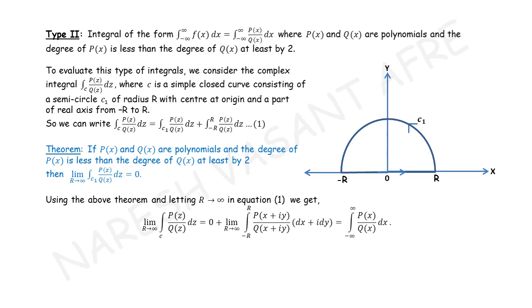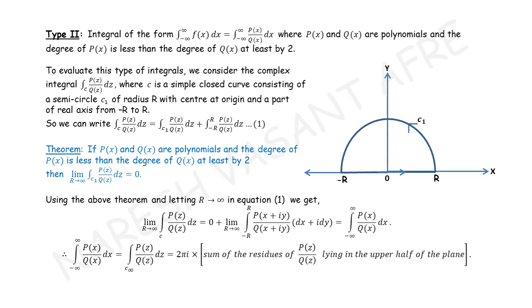So we get this integral from minus infinity to infinity p(x) by q(x) dx is equal to integral p(z) by q(z) dz over C infinity. This C infinity just denotes the limiting process of that C. But this is equal to 2 pi i into the sum of residues of p(z) by q(z) lying in the upper half of the plane. Now why is this true? This is because of the Cauchy residue theorem.